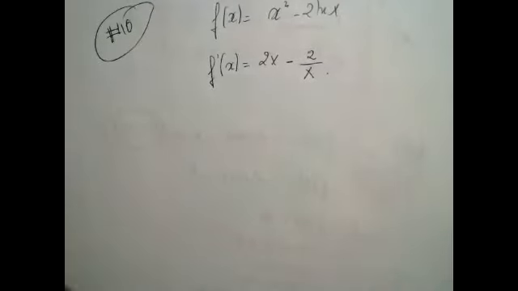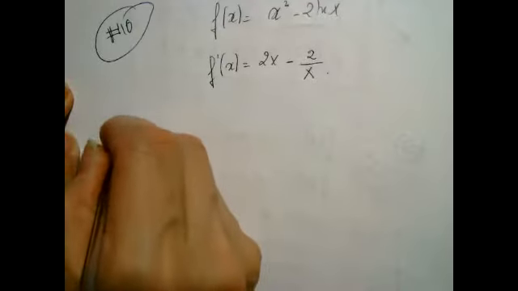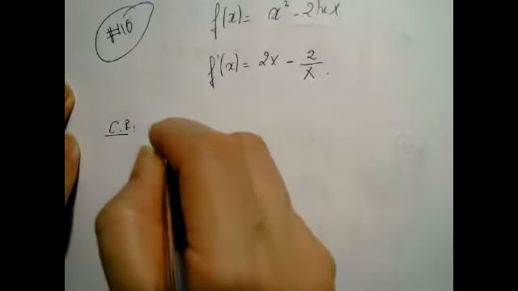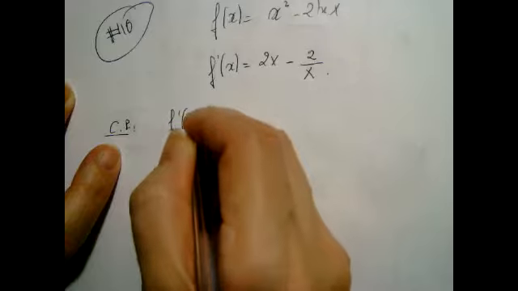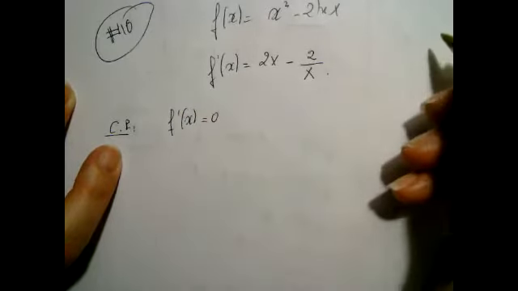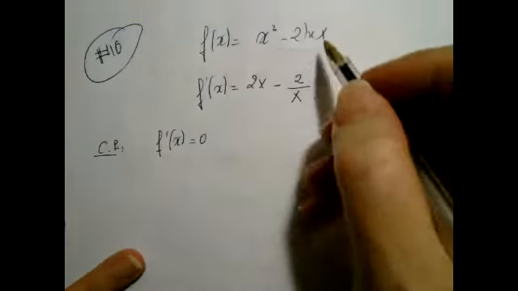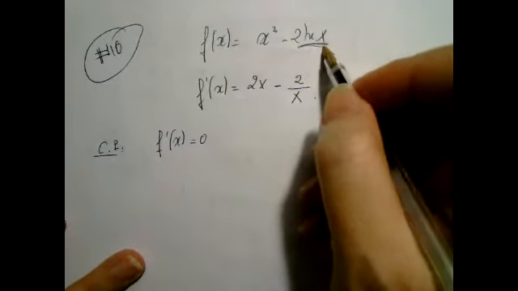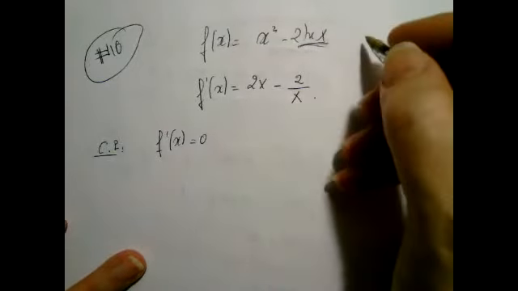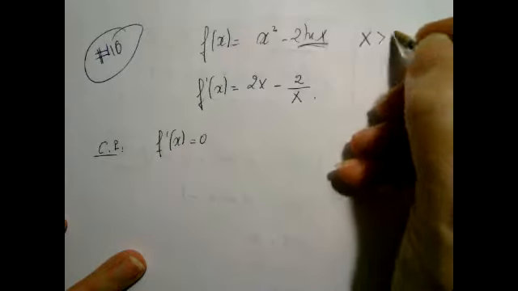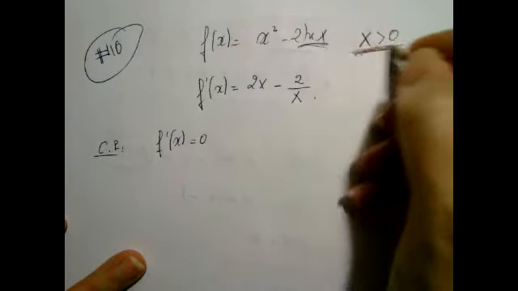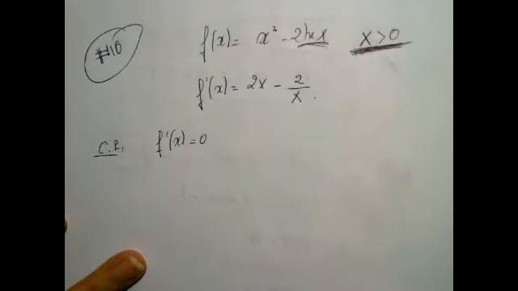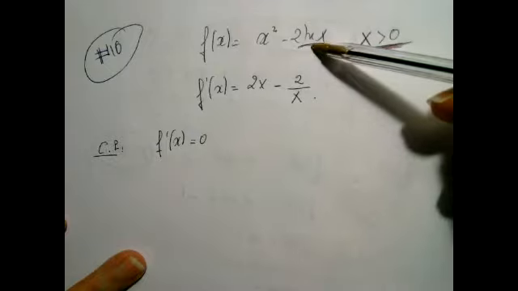And the technique is the same. So I find the critical point. I'm going to set f prime of x equal to 0. Now let me note one thing here. Because I'm dealing with ln, the domain is positive. Even if they don't tell me, I should be aware that x is always positive, because the ln will not take a negative value.